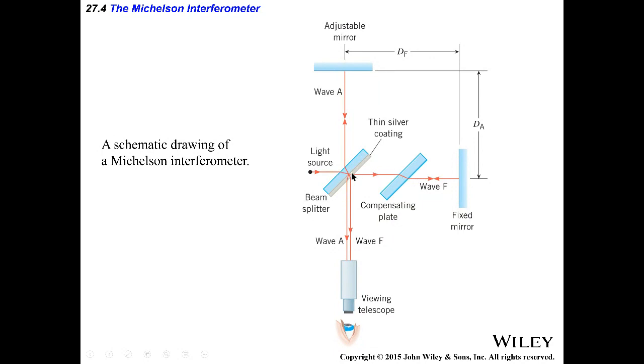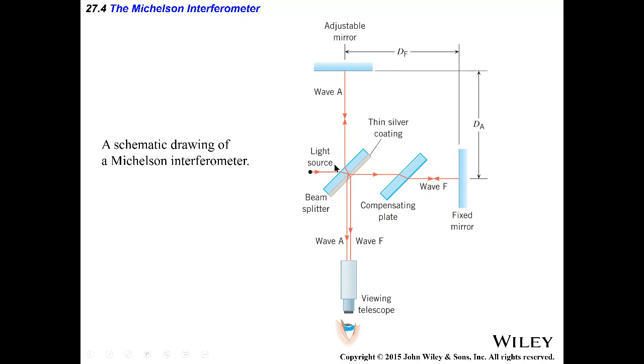Now this one went through this beam splitter once, twice, 3 times. You follow it? It went through here once, then through here the second time, then went over there, came back here and went through here, so 3 times. This beam went through this once, then twice, then came back through here 3 times, and then it got reflected.